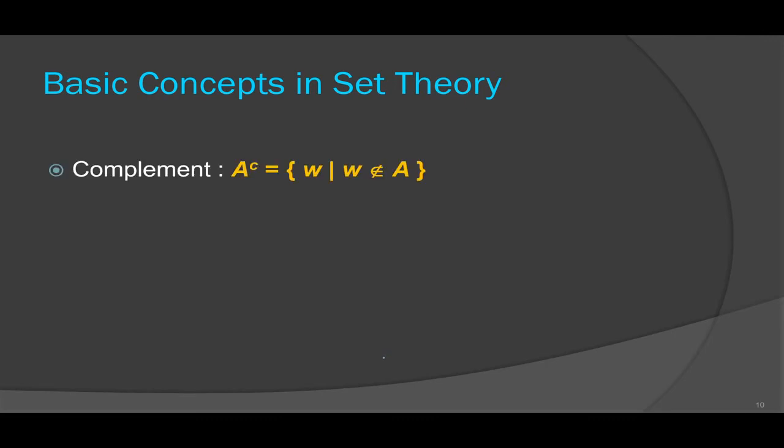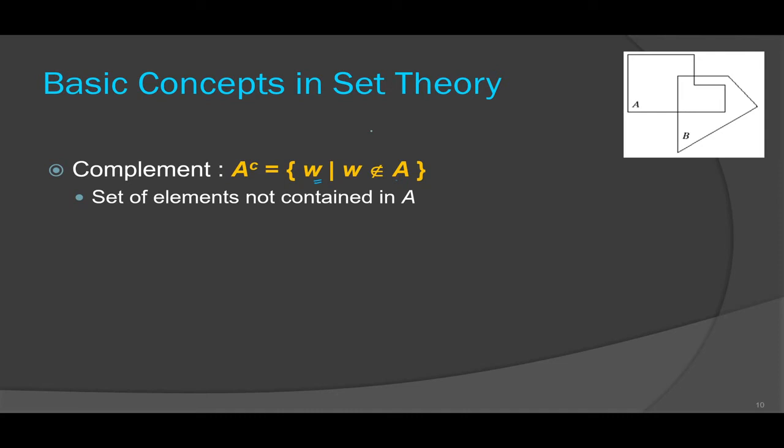The complement of a set. If I have set A, how am I going to find the complement of that set? A complement is given as the set of elements W such that W is not contained in my set A. The elements that are not part of A form the complement of A. Let us see the example.